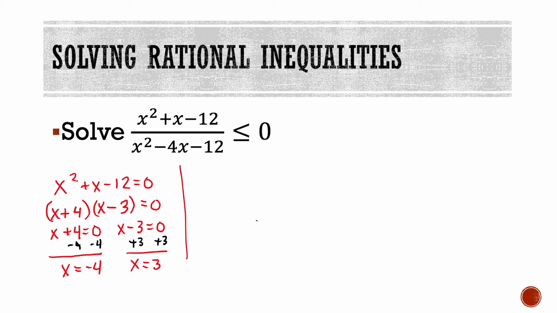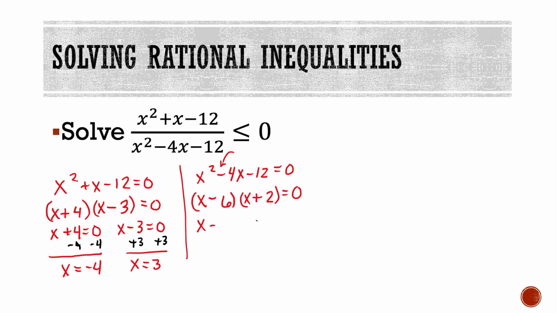Okay, then we do the same thing for the denominator. So we'll take x squared minus 4x minus 12. We'll set it equal to 0. This is also something that we can factor. So x and x, to make the 12, we'll use a 6 and a 2. Because the middle term has a negative, we want our bigger number to be negative.